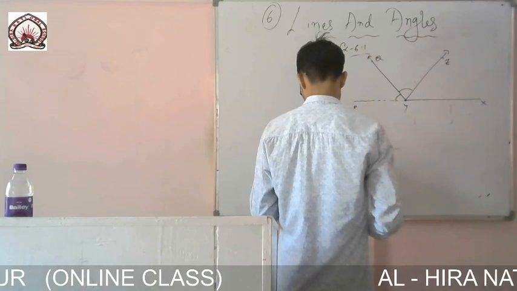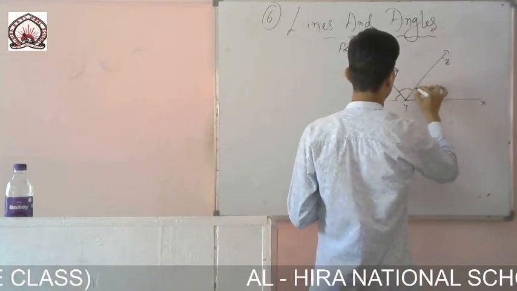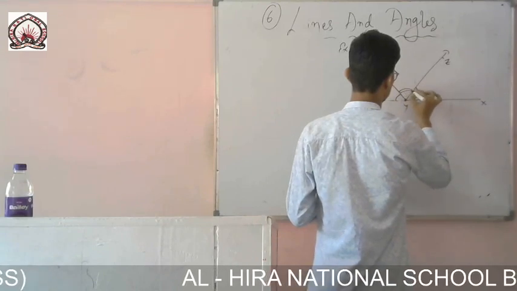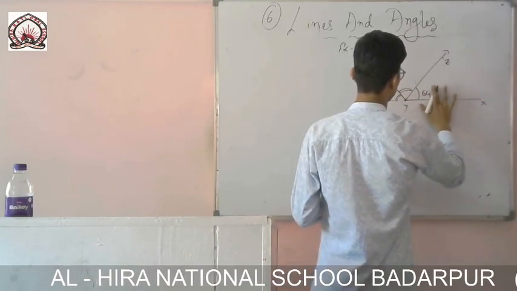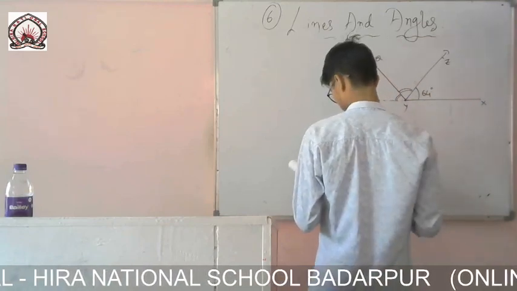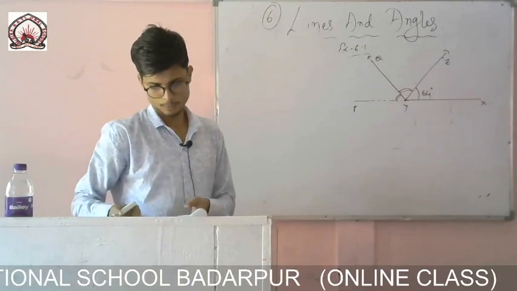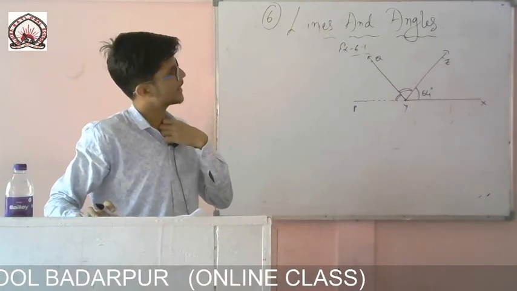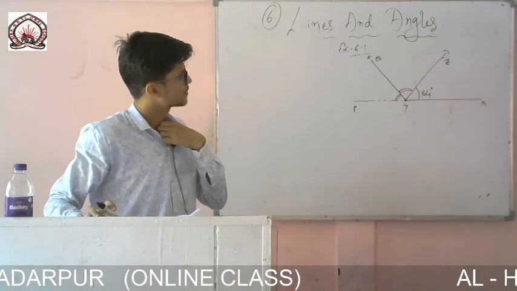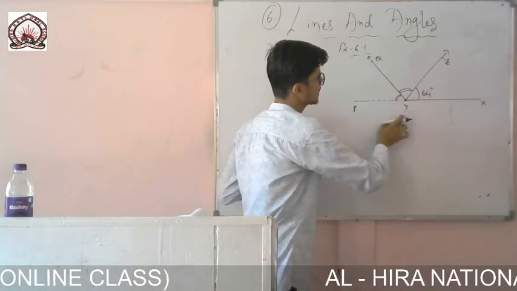And is there anything else given? The measure of XYZ is given as 64 degrees. So this is the information that is given. From this you have to find the value of XYQ, that means this whole angle you have to find.